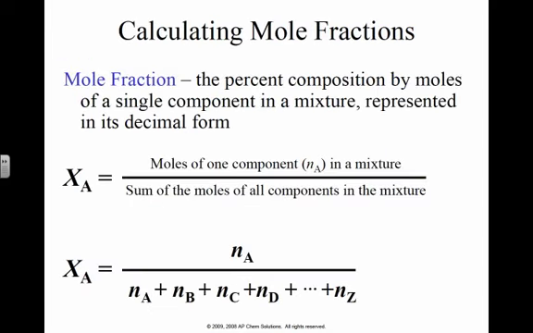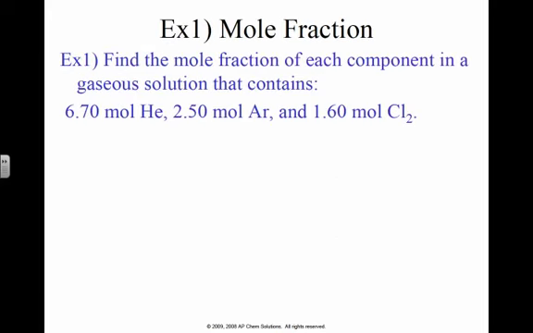Mole fraction is the percent composition by moles of a single component in a mixture, represented in its decimal form. Basically, it's just the percentage of moles in the mixture, but it's not a percentage, it's in the form of a decimal. So find the mole fraction of each component. Well, all you're going to do is add up all your moles.